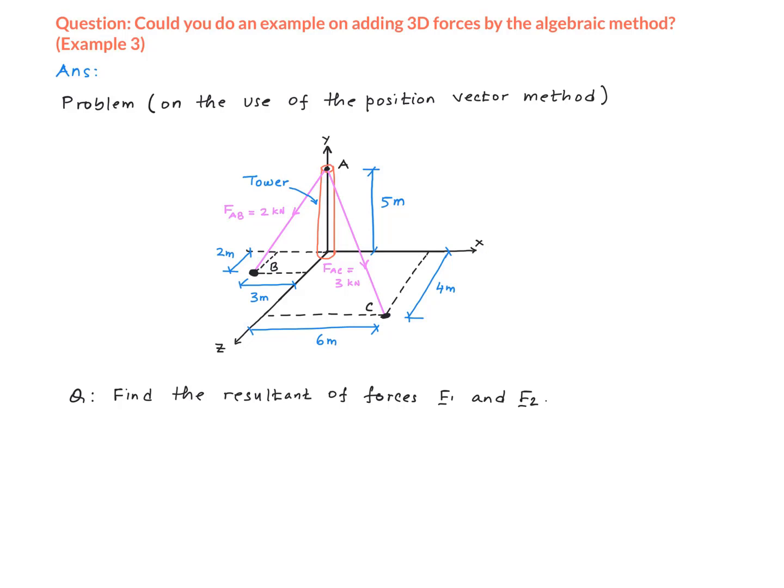With respect to this Cartesian coordinate system XYZ, the coordinates of these points A, B, and C are given. So we need to find the directions of these cables, which in turn are the directions of the forces by the position vector method. The question is to find the resultant of the two forces acting at point A.